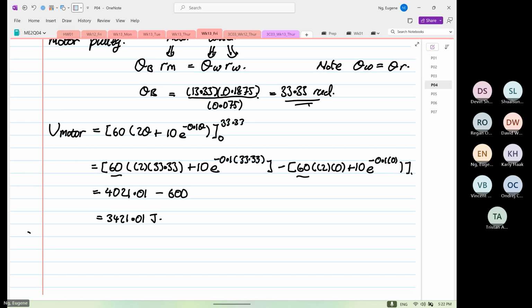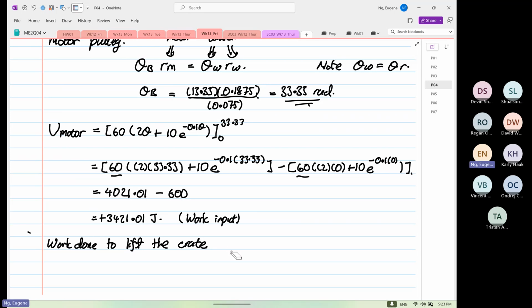So next, we have to consider the work done to lift the crate, right? So the work done. Okay. Now the U motor over here is energy, work input. Okay, work in. So that's why what you can see over here, this is positive. Okay.